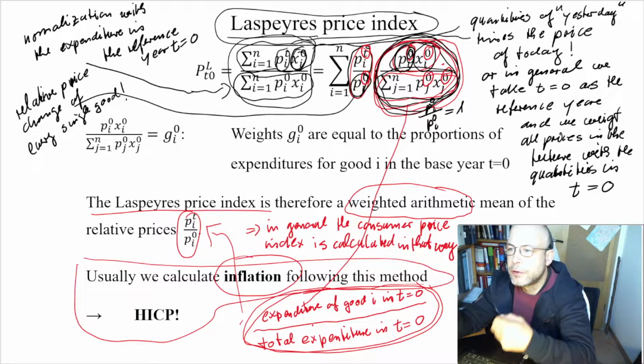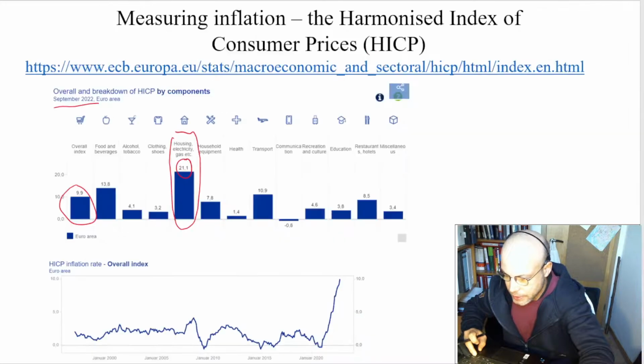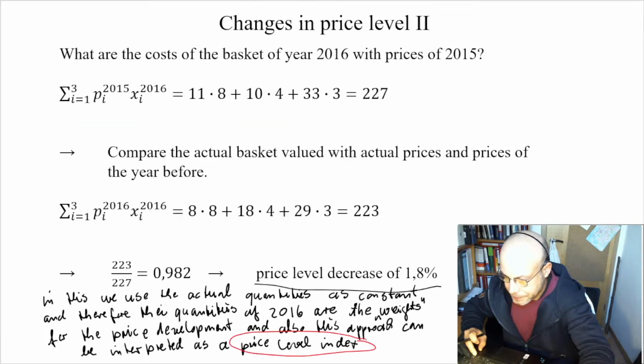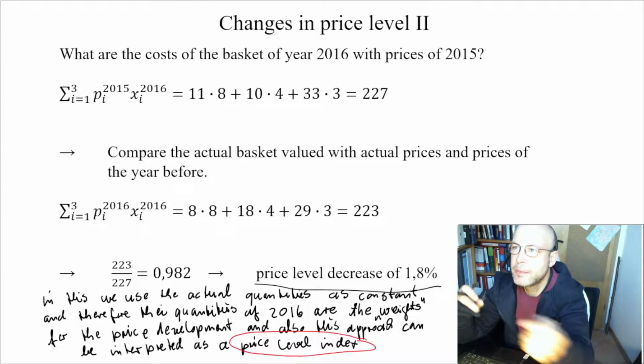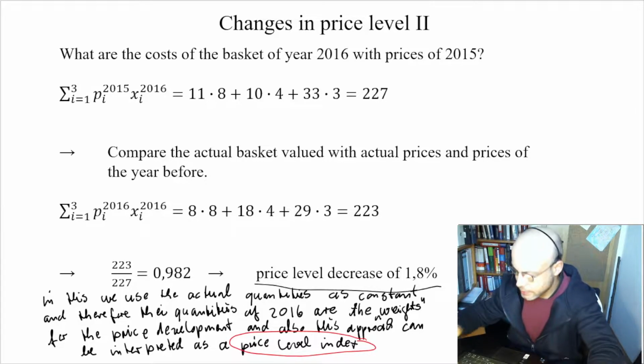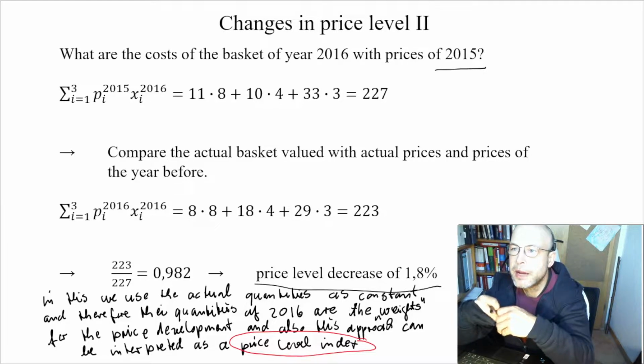And then, of course, we can do it also the other way around, that we calculate the basket of the future, 2016, taking the prices of the former year 2015 and comparing this with the total consumption in 2016.